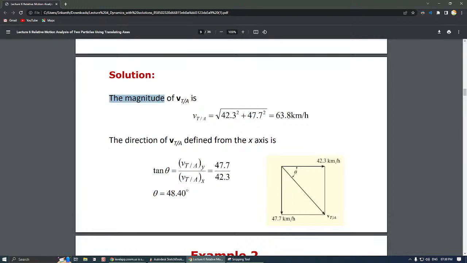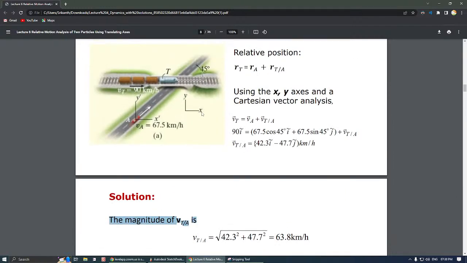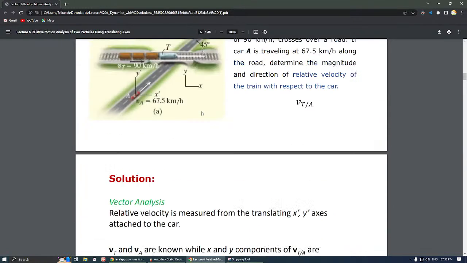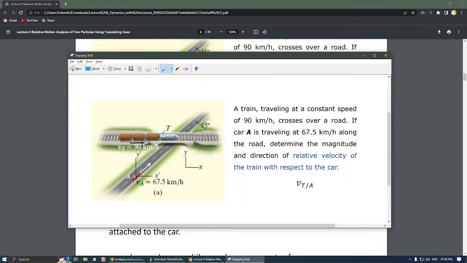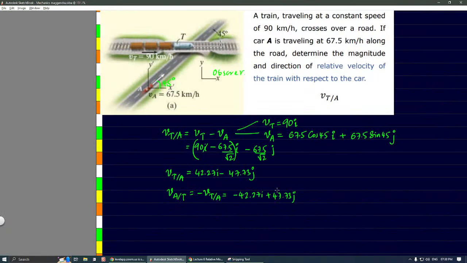Now he's also asking for the magnitude. We just now found the vector. So if you want the magnitude of the velocity of T with respect to A, that will be under root of the sum of squares.